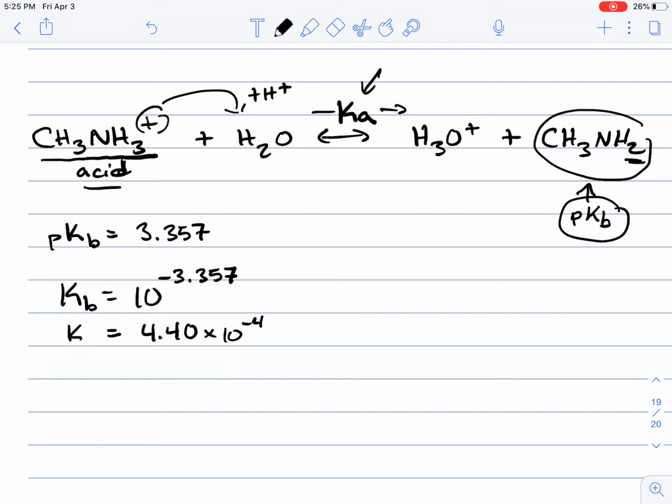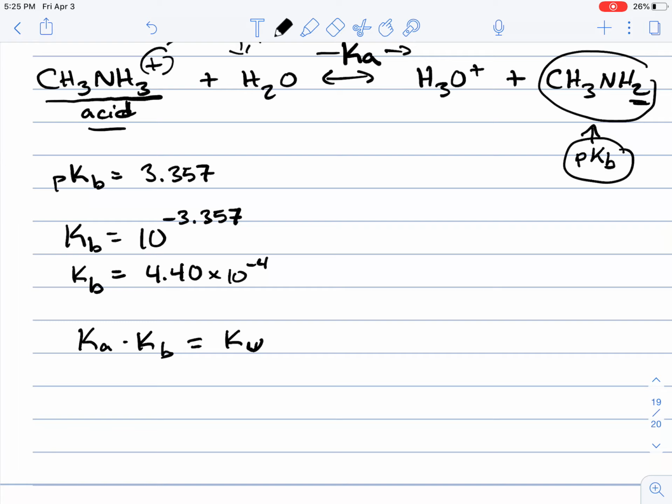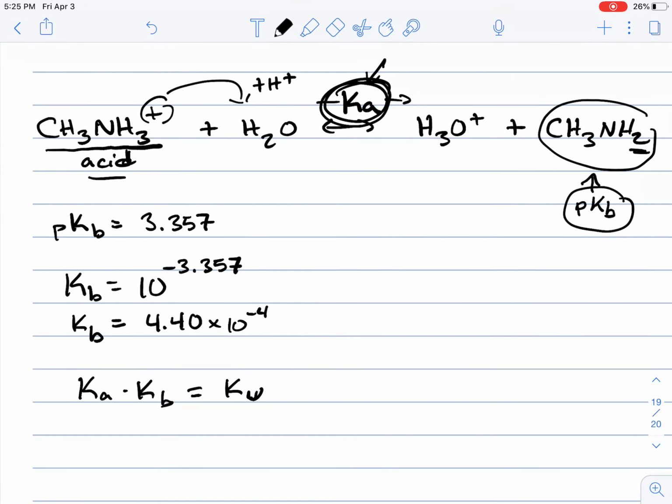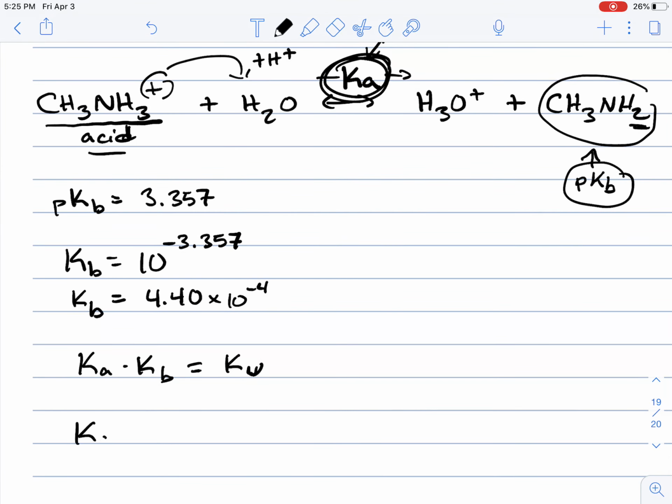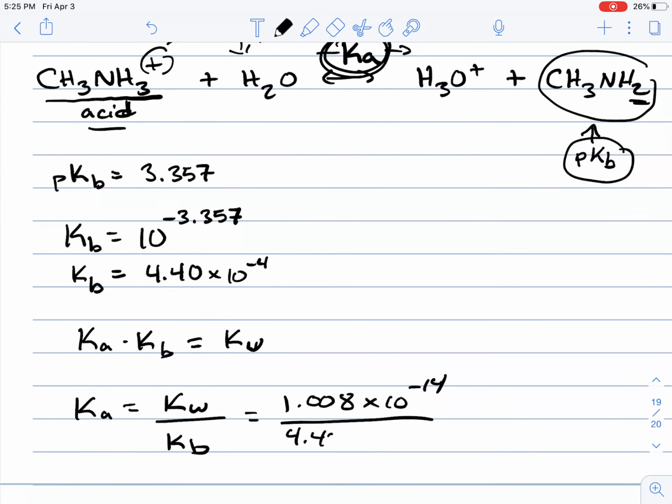And so now that I have my value for Kb, I'm going to use the relationship Ka times Kb is equal to Kw. And if I move this term around, because remember, I want to solve for Ka, Ka is equal to Kw over Kb, or 1.008 times 10 to the negative 14 over 4.40 times 10 to the negative 4.